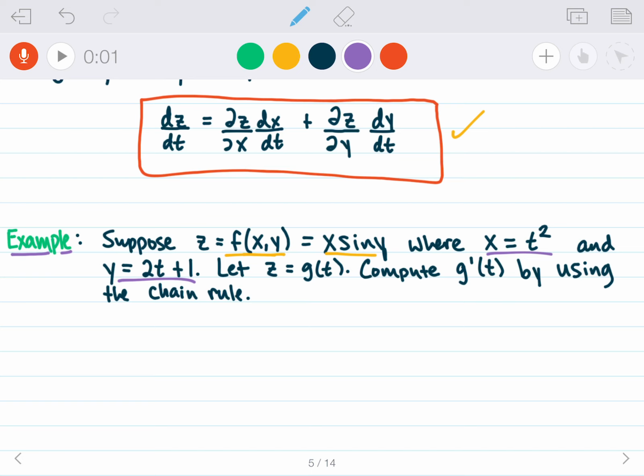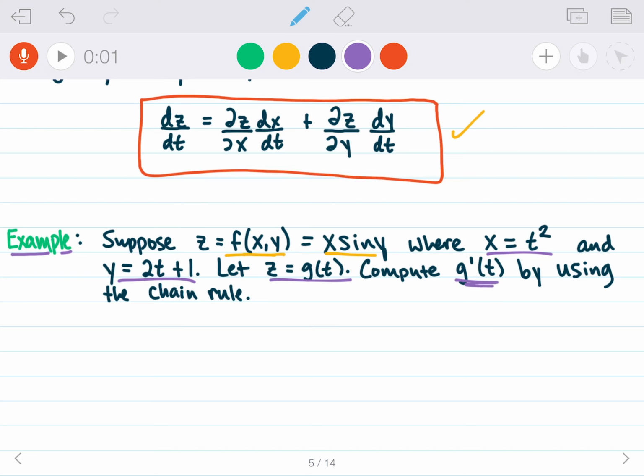So z is a function of t, because z is a function of x and y, which are functions of t. Ultimately z is a function of t, and we can figure out what dz dt, or g prime of t, is by using the chain rule.